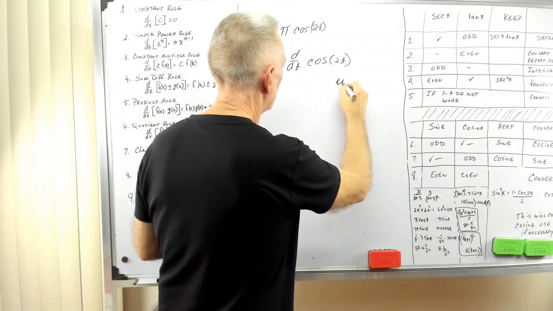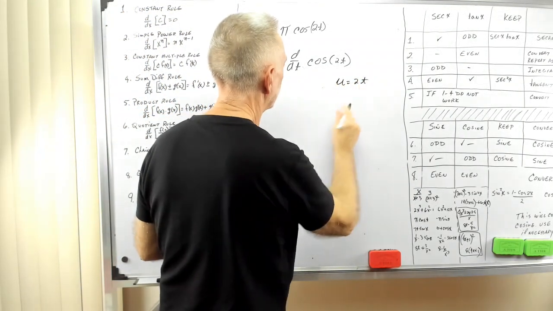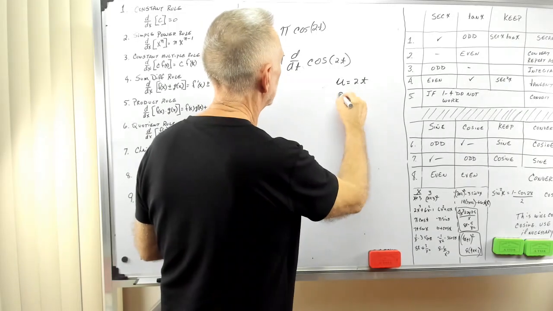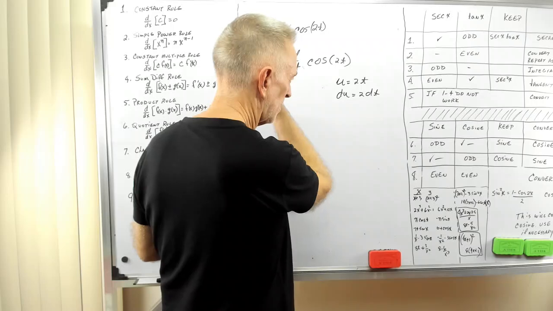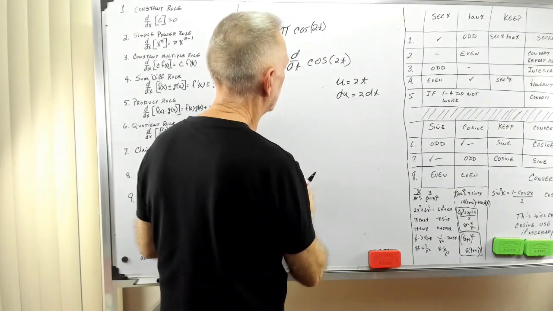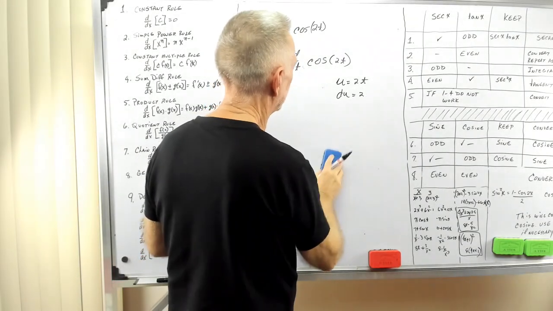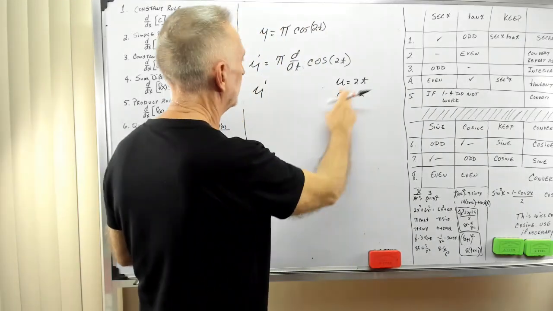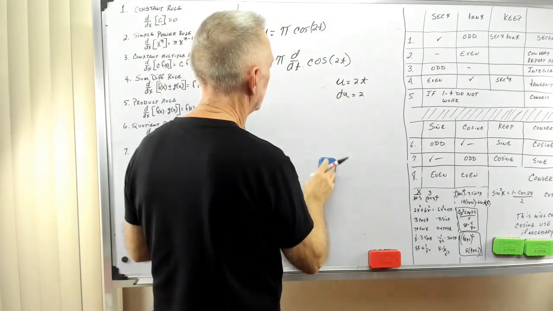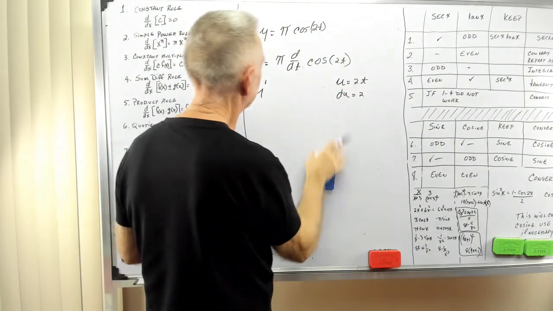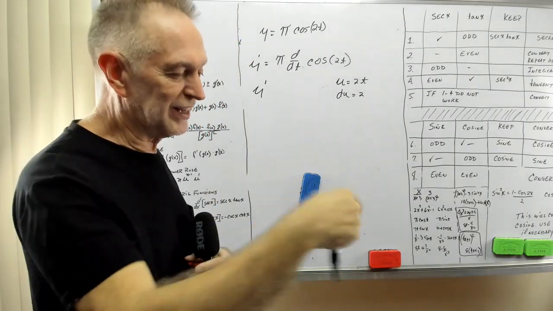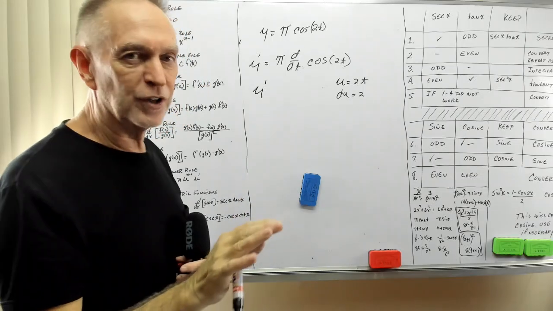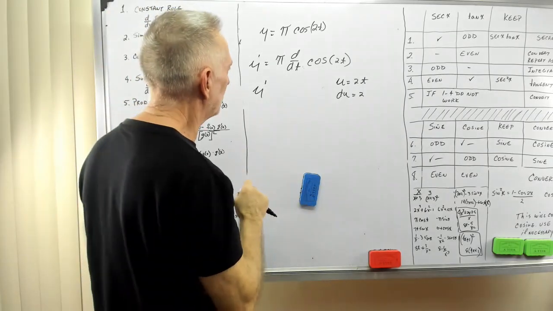I'm going to let u equal 2t, du equals 2 dt. Forget the dt for just a minute. Derivative of this is 2 dt. The chain rule just kind of keeps going, but when you're first learning it, we'll stop at that point.